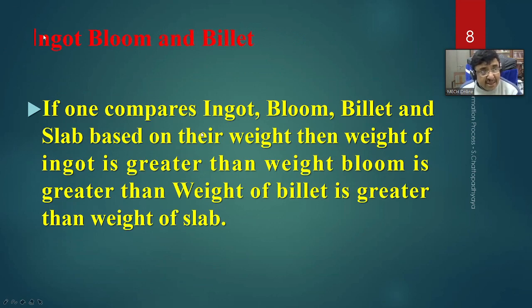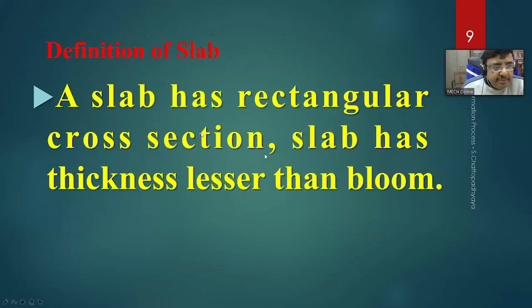They are mostly the products of the casting line or steel plants. Clear? A slab has a rectangular cross-section, but a slab has a thickness lesser than the bloom. Width is more, thickness is less. That is called slab, but they have exact definitions in terms of dimension.